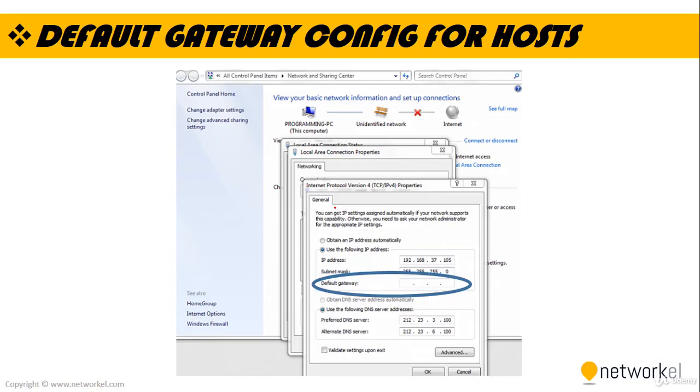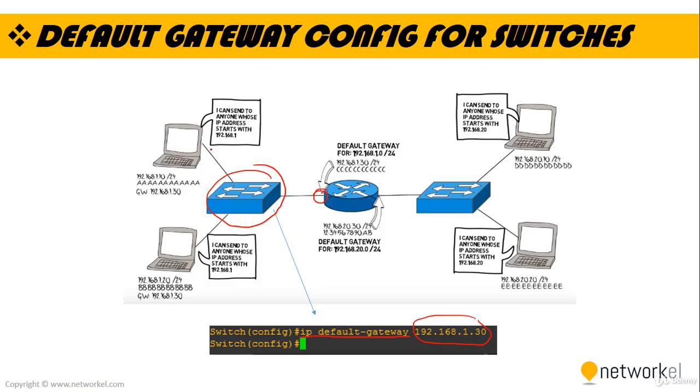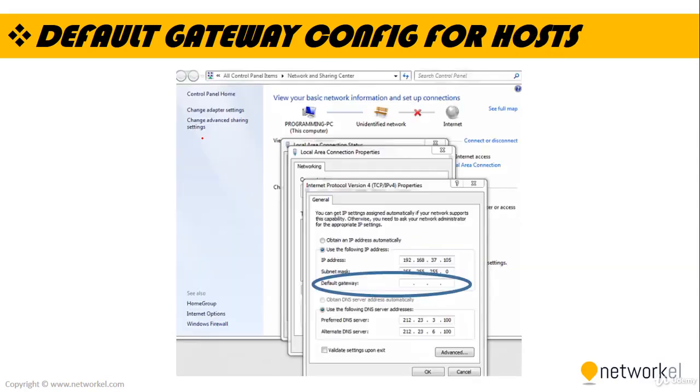And if you want to configure a default gateway for hosts, for example for this PC, on the Ethernet options, there's a field showing us the default gateway. I can simply fill this in with the IP address of the default gateway and configure my host.